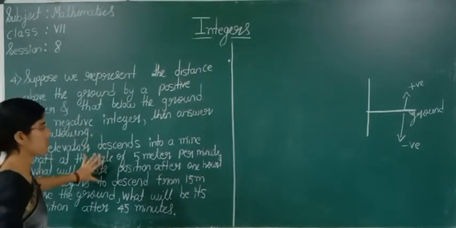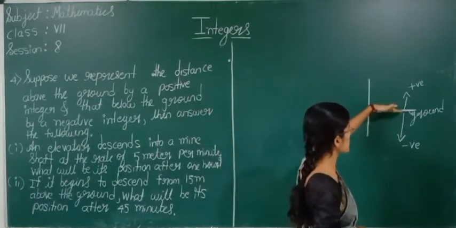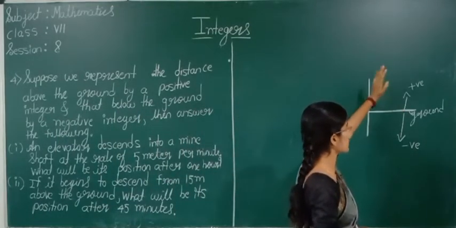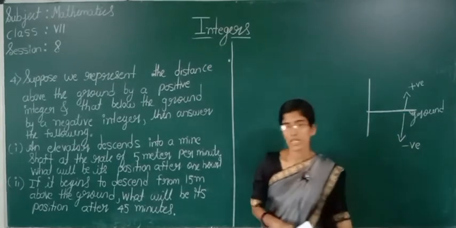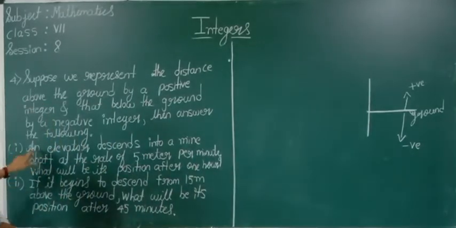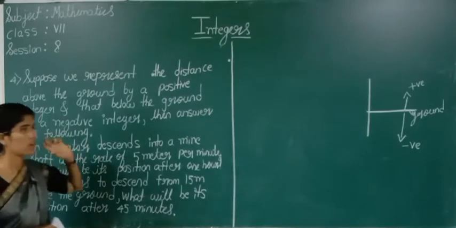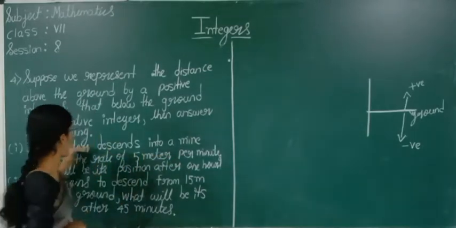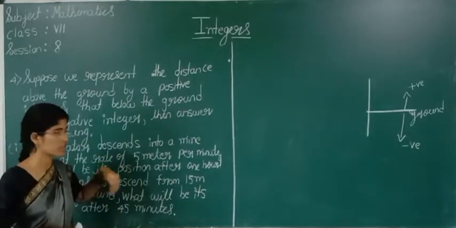We have to answer what they have given. Suppose we represent distance above the ground by a positive integer and distance below the ground by a negative integer. Then answer the following. An elevator descends. Elevator means lift. An elevator descends means going downwards.